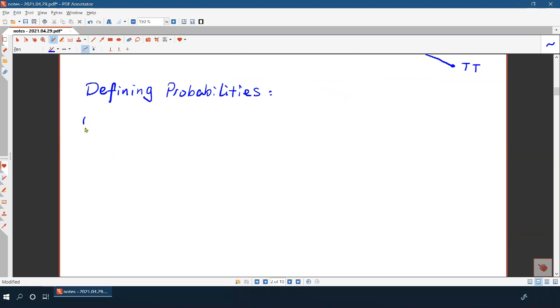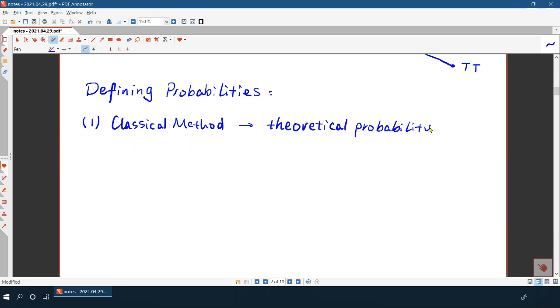First one is called the classical method, from which you get theoretical probability. In this method, the probability is defined as a ratio between the number of sample points in this event over the number of sample points in the sample space, right?